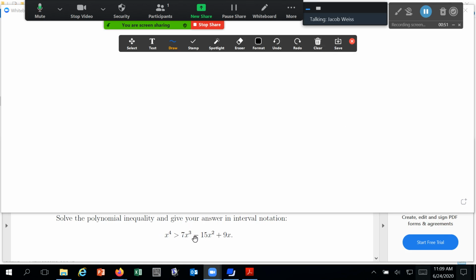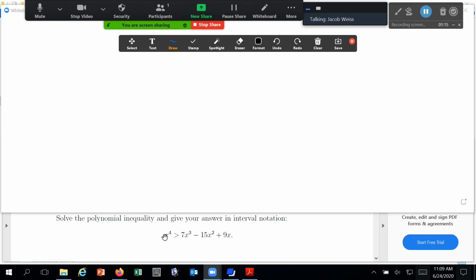In this case, x to the fourth is the biggest power of x. So we want to get everything on one side. I could just subtract x to the fourth from both sides, but I like to have my biggest power of x be positive.